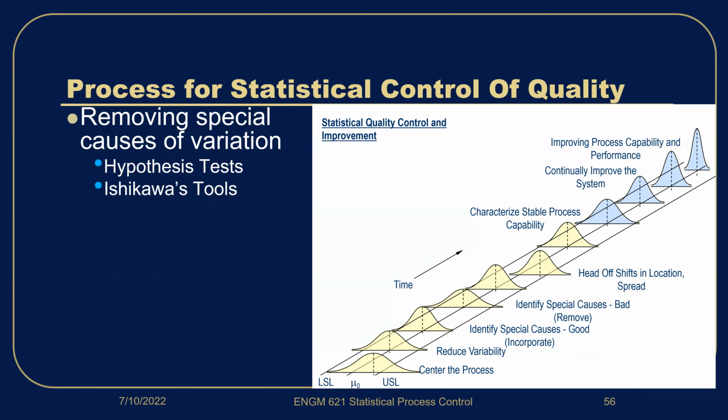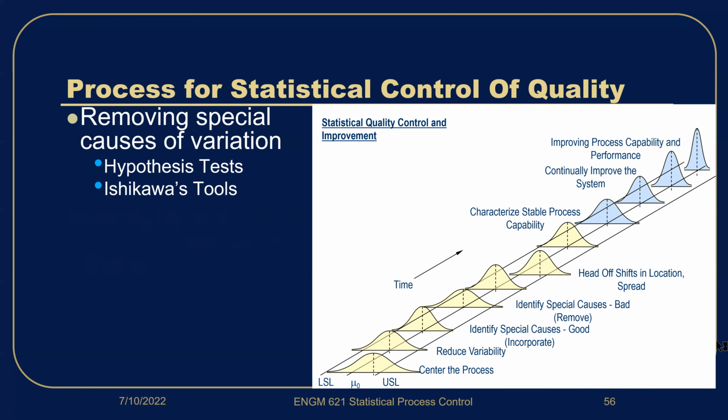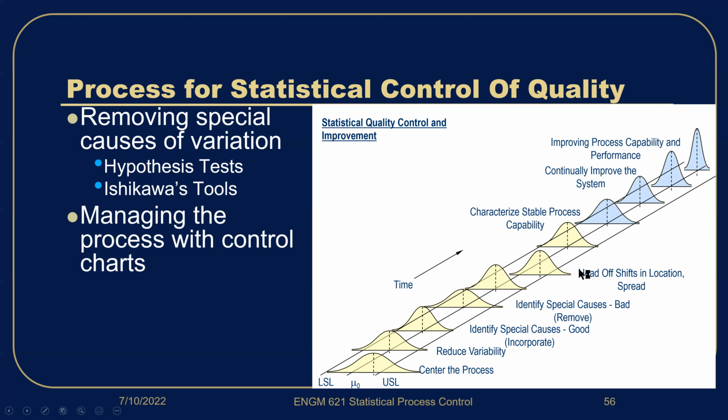There are two phases or purposes in statistical quality control or process control. First, we remove special causes of variation or assignable causes of variation through hypothesis testing and Ishikawa tools application. Those are the yellow steps shown in this picture.